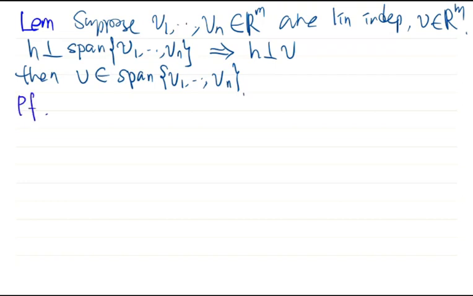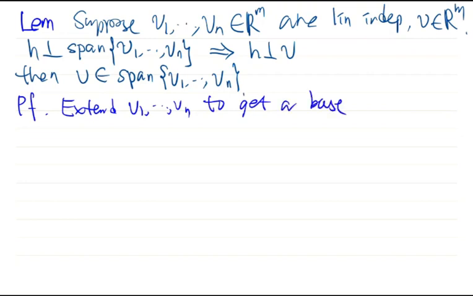Because v1, ..., vn are linearly independent, we can extend v1, ..., vn to get a basis of the space, that is v1, ..., vn, vn+1, ..., vm.